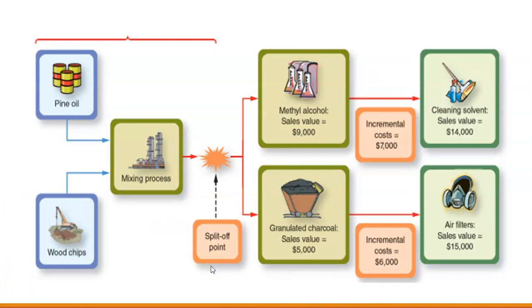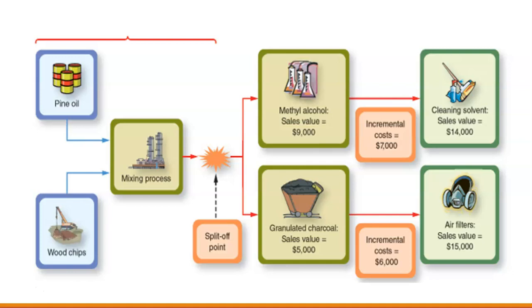So we have this pine oil and wood chips, the joint mixing process, and then the split off point. At the split off point, we can sell alcohol with a sales value of $9,000 or charcoal with a sales value of $5,000. We can also further process those for additional costs and then sell them as different products.